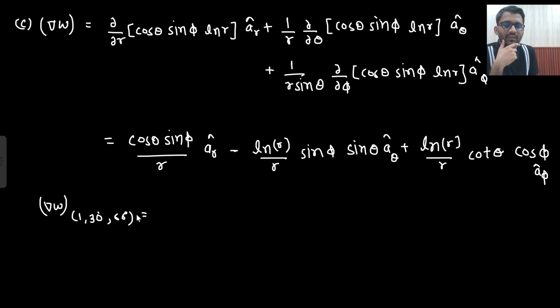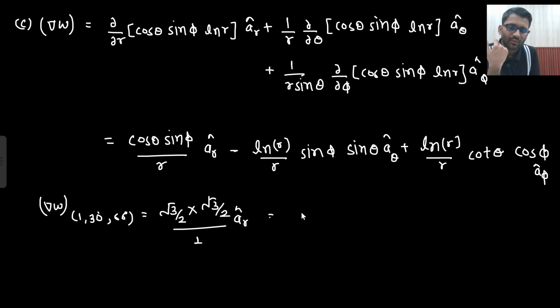Only this term will be left. So what am I gonna get? 30 and 60. So cos 30, what will be cos 30? Root 3 by 2. And what will be sin 60? That will also be root 3 by 2 divided by r, ar cap. So what I am gonna get? 3 by 4 ar cap. Okay. So that's the answer.